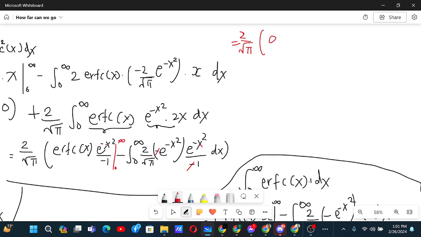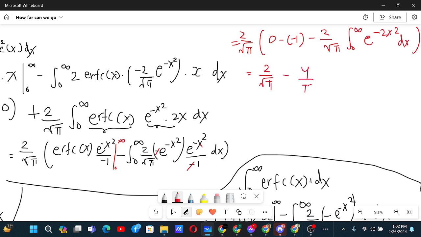Also e to the power minus infinity is 0, and then minus erfc of 0 is 1, this is also 1, and minus 1, so minus 1 minus 2 by root pi times integral from 0 to infinity of e to the power minus 2x square dx. Now this is plus 1, so we have 2 by root pi minus 4 by pi.